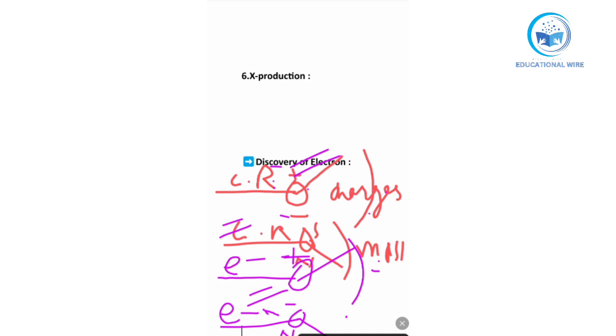So the discovery of electrons happened with cathode rays, because the properties of cathode rays are equal to those of electrons, like the ratio of both charges and masses of cathode rays is equal to the charges and masses of the electron. So here we proved how the electron was discovered with the cathode rays.